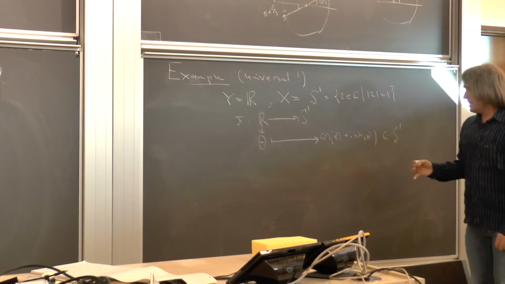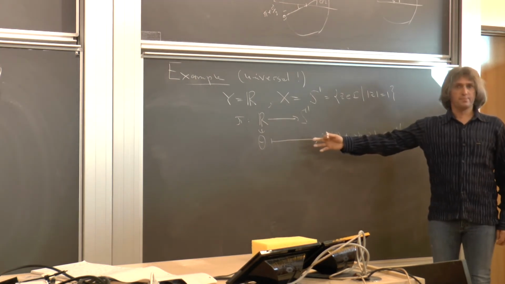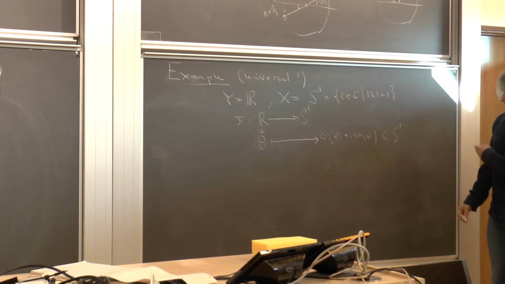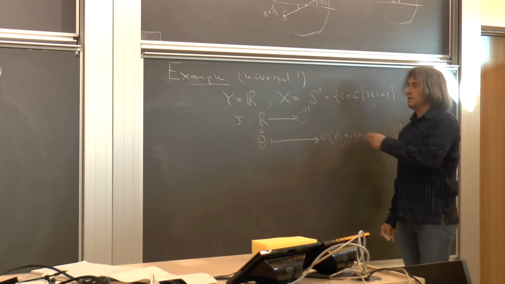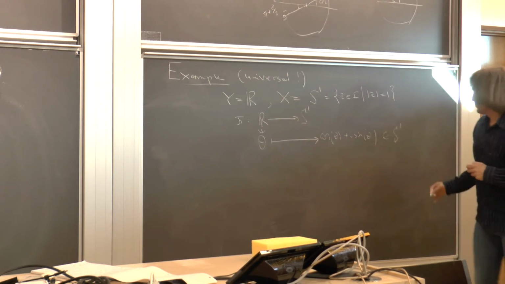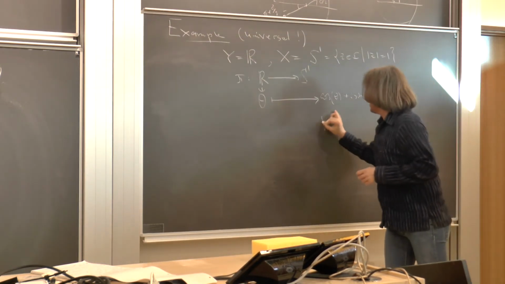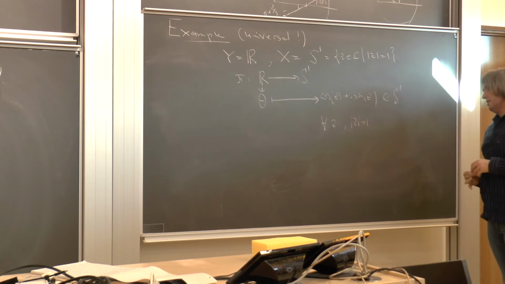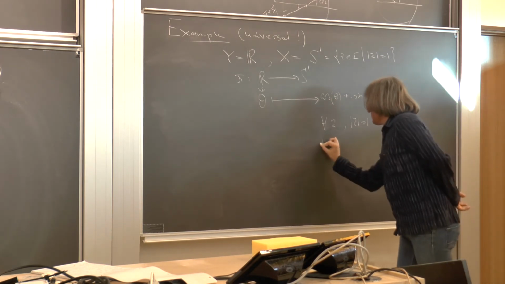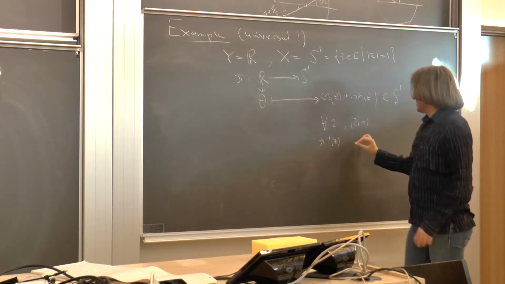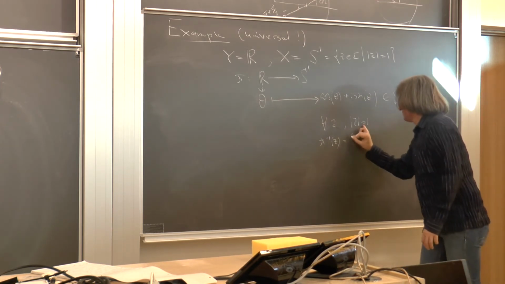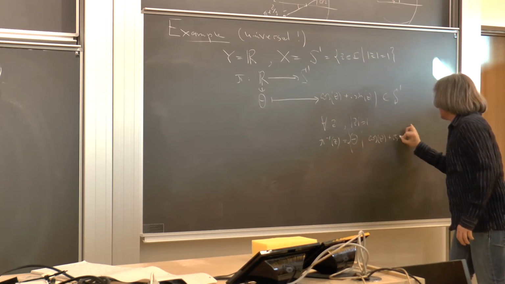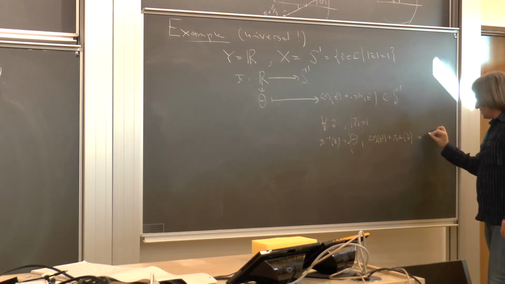I claim that this is a covering. If we have some point, there are infinitely many points in the preimage. So for any z with absolute value of z equal to 1, what's the preimage? That's theta such that cosine of theta plus i sine of theta equals z.